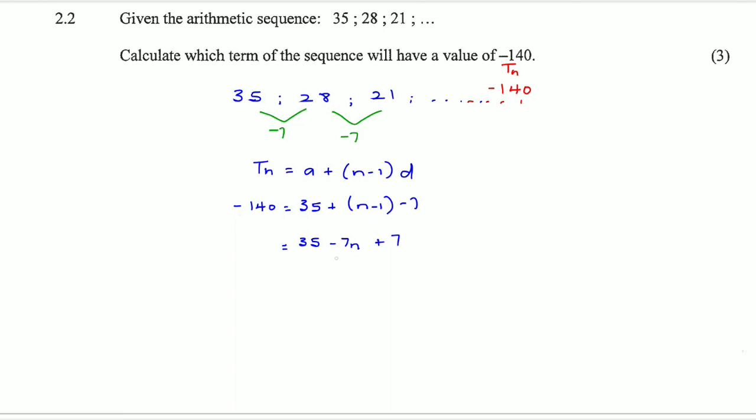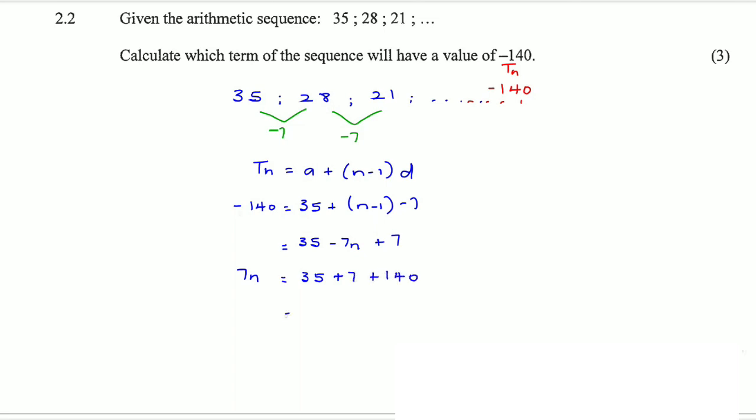Now we want to move minus 7n onto the left hand side, so we add 7 to both sides. That will give us 7n. And we want to move minus 140 to the right hand side, so we add 140 to both sides. And that gives us 35 plus 7 plus 140.